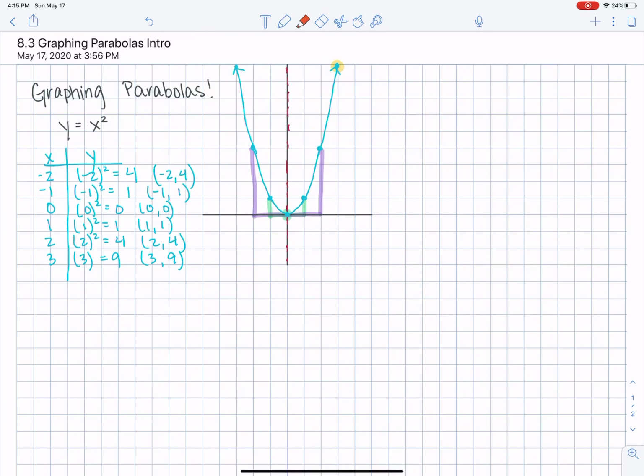Last one here is from your vertex. You go over 3, up 9. Over 3, we do it in both directions, up 9. And then we use those relationships to graph our parabola.